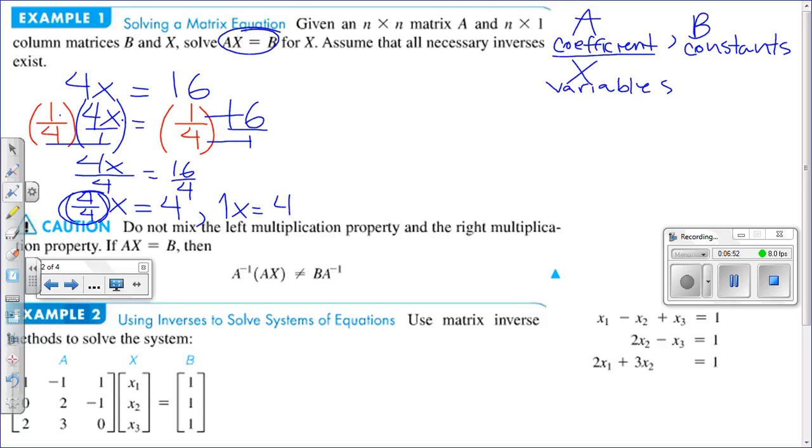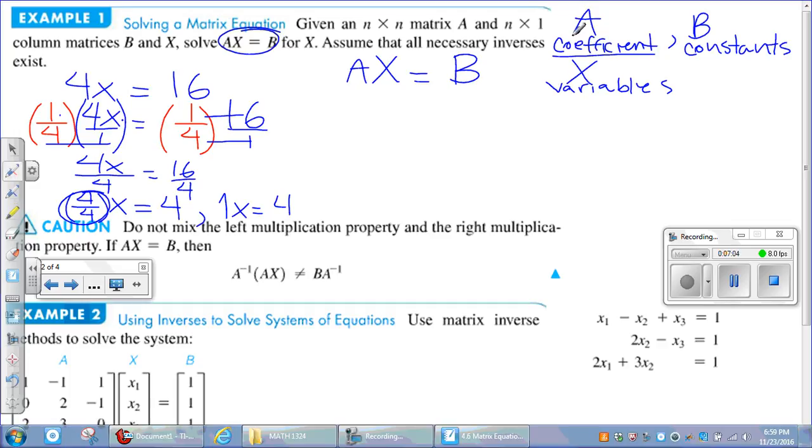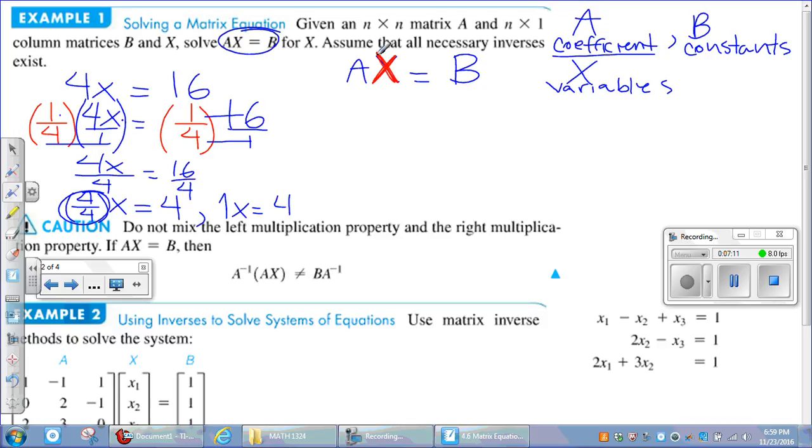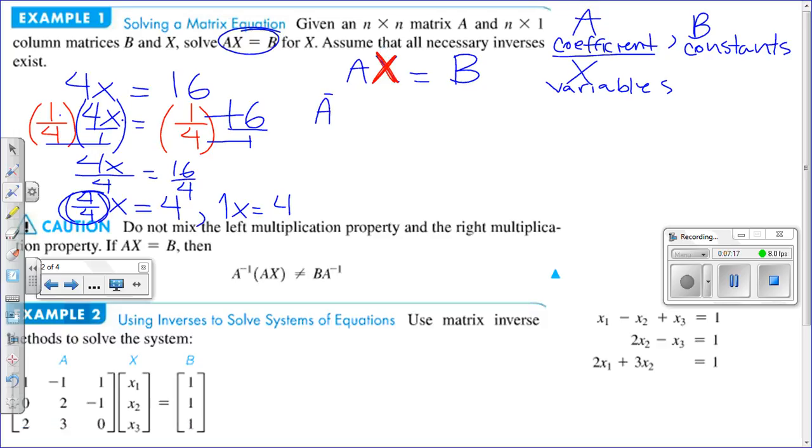So the idea is that we have this with matrices. All these are matrices. And so if we want to solve for the variables, we have to solve for this matrix right here. So you might think, well, let's just divide by A. But remember, I told you there's no division with matrices. So what we need to do is multiply by the inverse of matrix A. And we have to do that same thing on the right side.